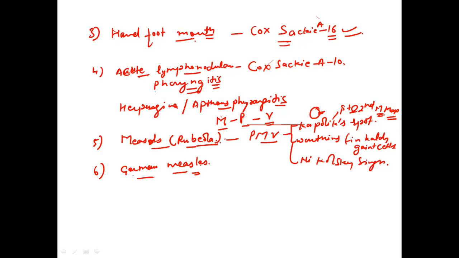Now, first I will tell you what is German measles, then I'll let you know how we remember this. German measles is caused by Togavirus. So how do we remember this?